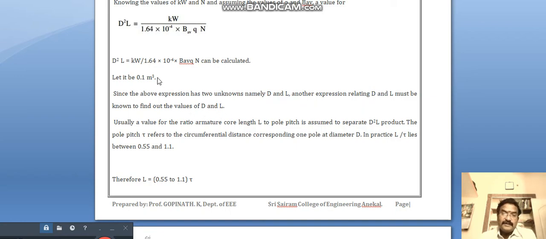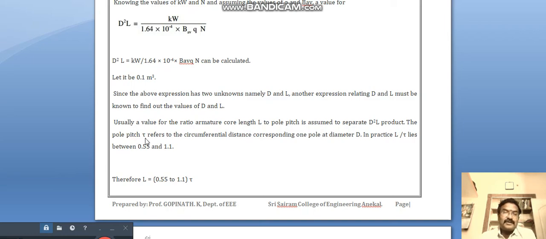So here the D square L value we are getting is 0.1 meter cube, but we don't know the values of D square and L separately. Another relation is the ratio of armature core length L to the pole pitch tau, which is usually assumed.